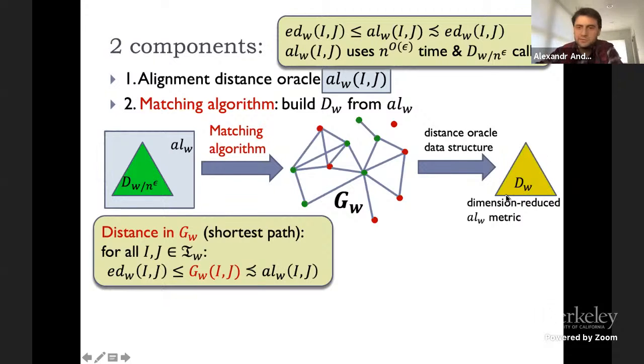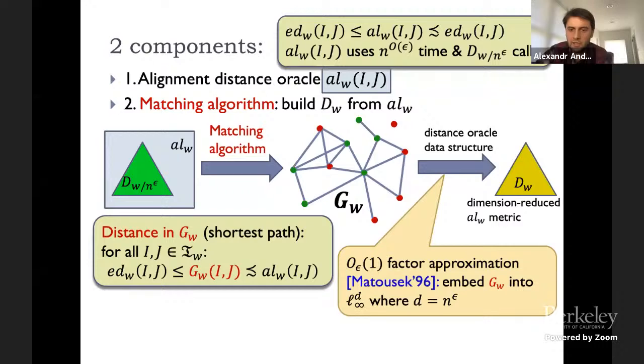Since this is kind of a data science talk, I wanted to mention that one perspective on this DW is that it is a dimension-reduced metric that mimics whatever distance the alignment oracle gives. Conceptually it is this way, and actually the data structure itself is a dimension-reduced set of vectors, and you'll see why.